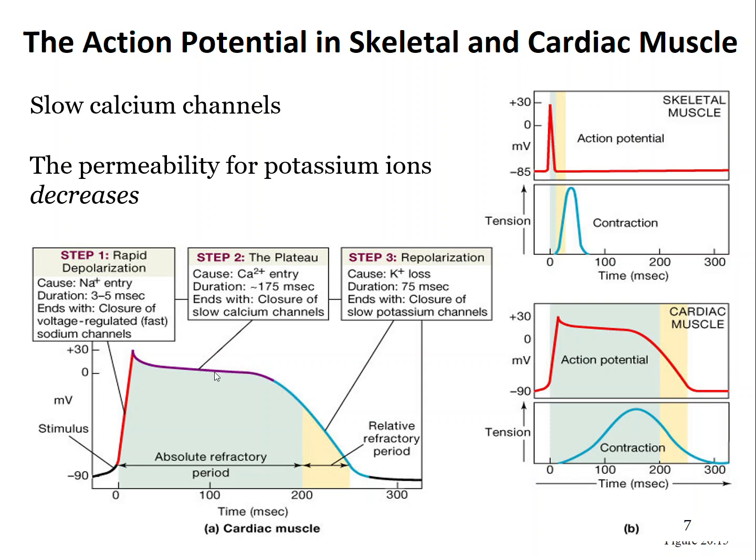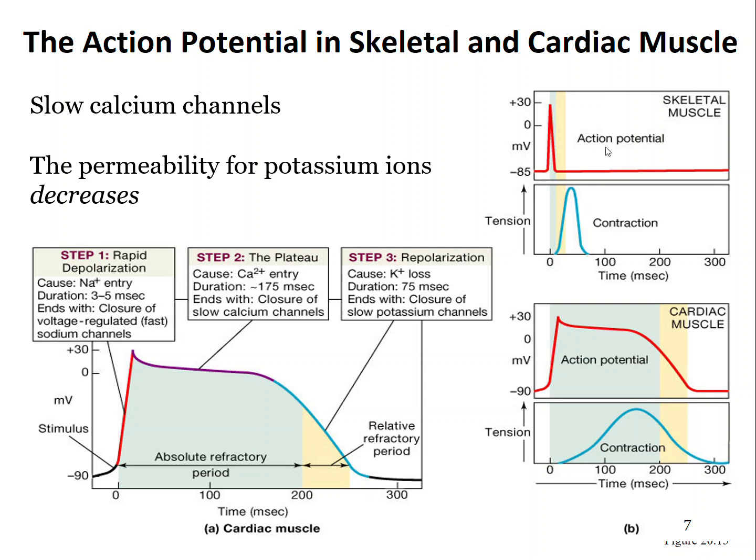If you compare it to the action potential in skeletal muscle, you will find that the duration in skeletal muscle is very short, like a millisecond or so. But in cardiac muscle it is long, like 200 to 250, or sometimes 300 milliseconds. So why does the action potential in cardiac muscle have to be so long, and what is the benefit of this long action potential?